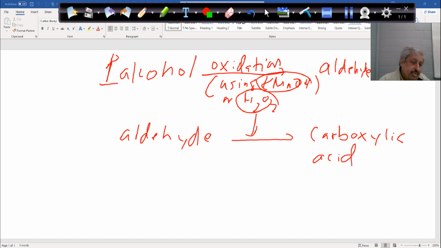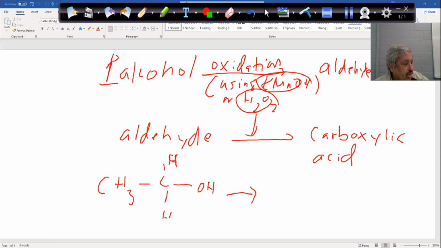So if I have a primary alcohol such as ethanol, correct? So this is ethanol here, H, OH. You oxidize it, you pull out H2O, then you produce an aldehyde, ethanal, CH3COH. Correct?